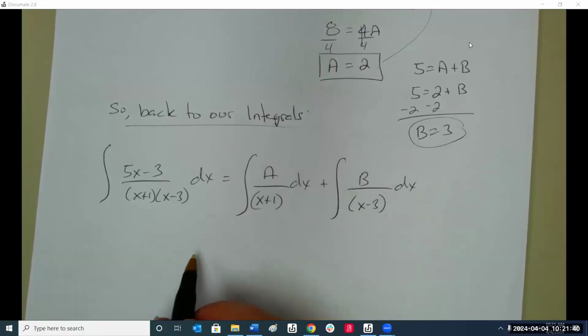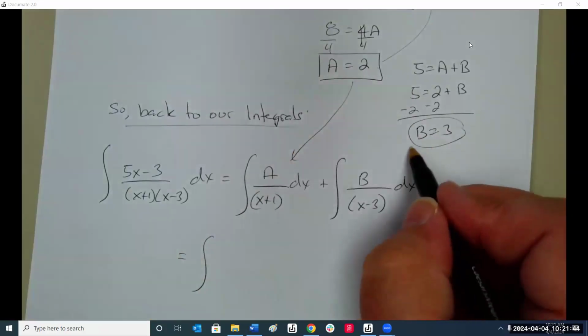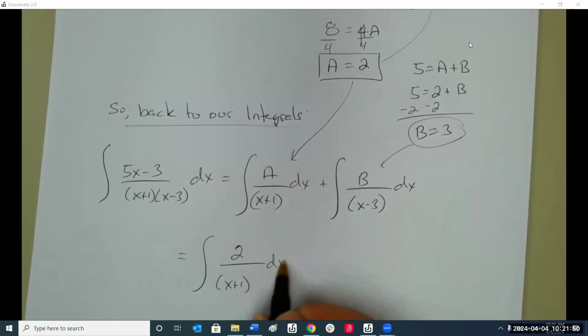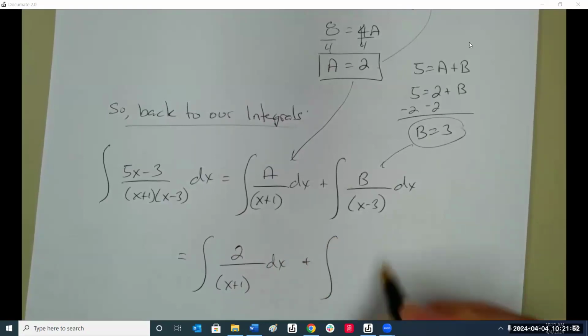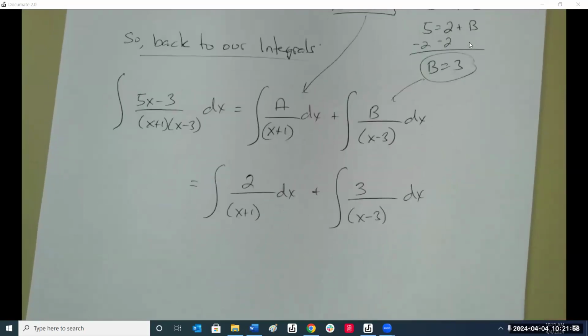Substitute A and B in there. A is 2, so we have 2 over x plus 1 dx, and 3 over x minus 3 dx.